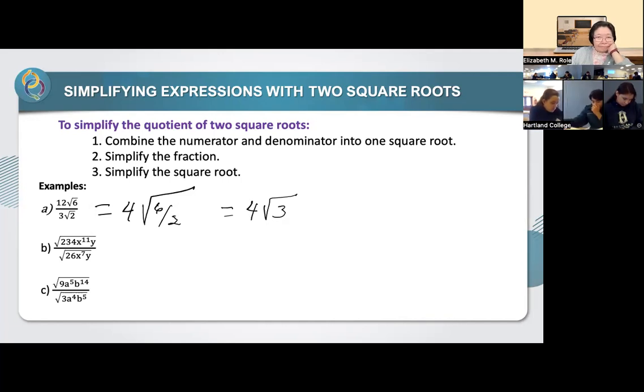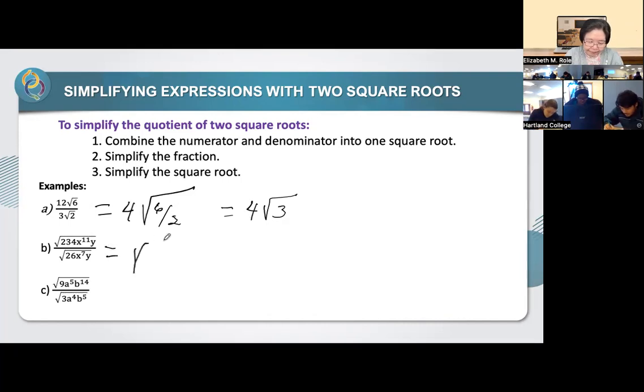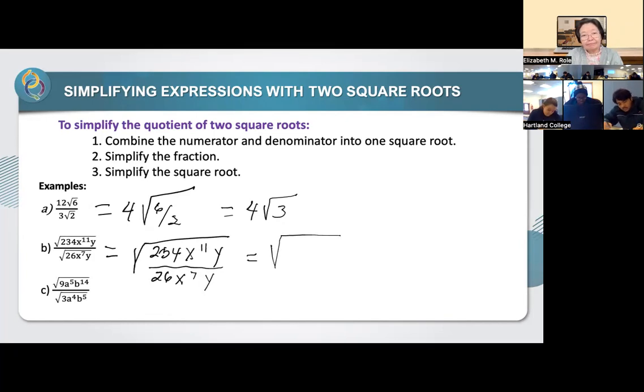How do you divide? Minus. Yeah, you subtract the exponents. So what's 234 divided by 26? 9. Good.